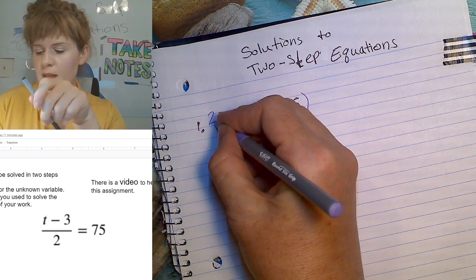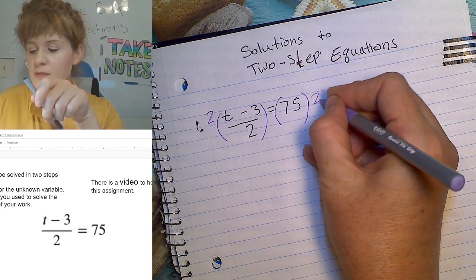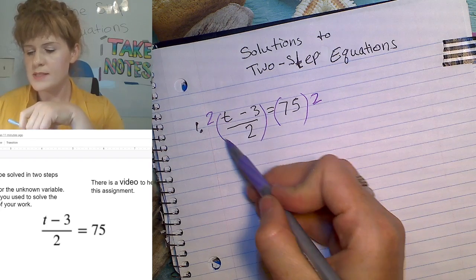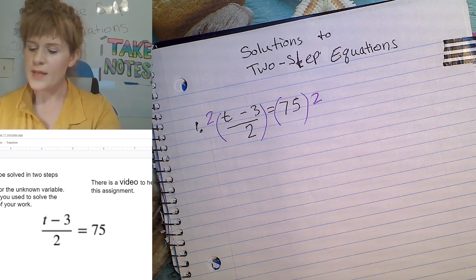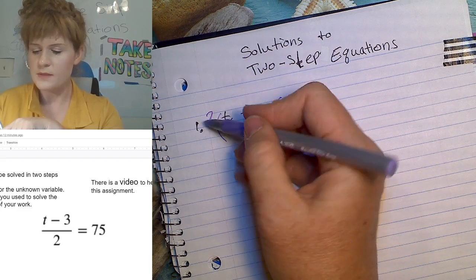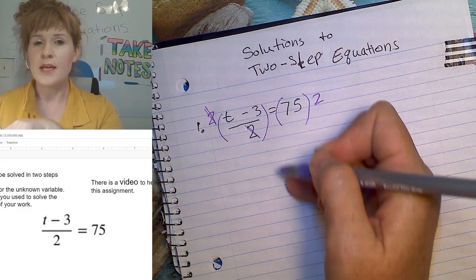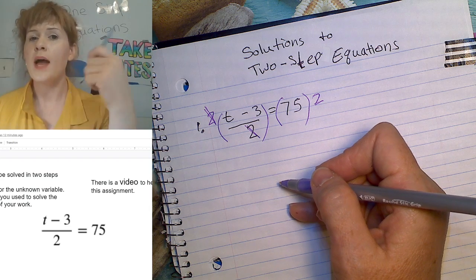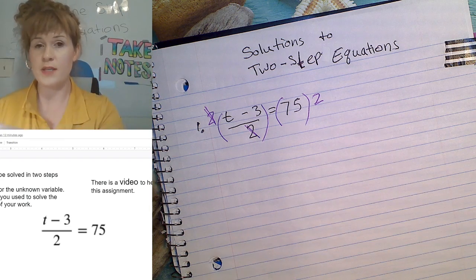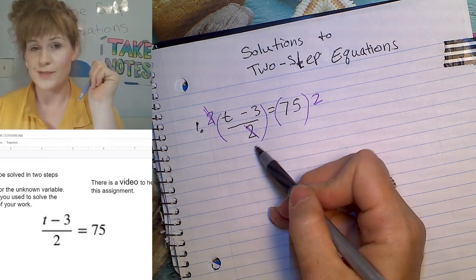So I multiply both sides by 2. I use parentheses to help me stay organized. When I multiply the left side by 2, the 2's cancel out because 2 divided by 2 equals 1. And I showed you that in the previous videos, so you already know what to do there.